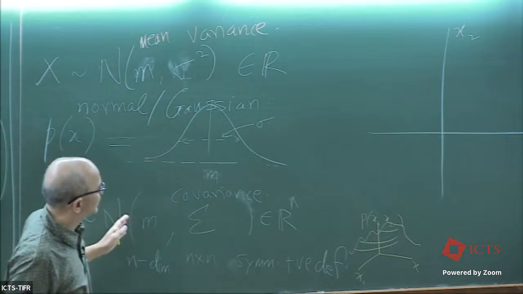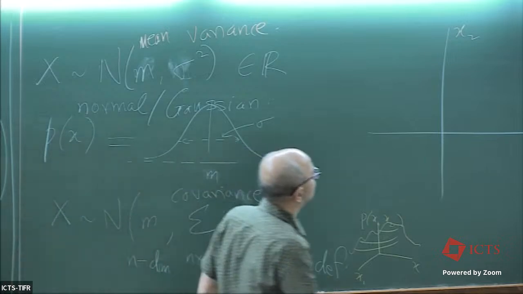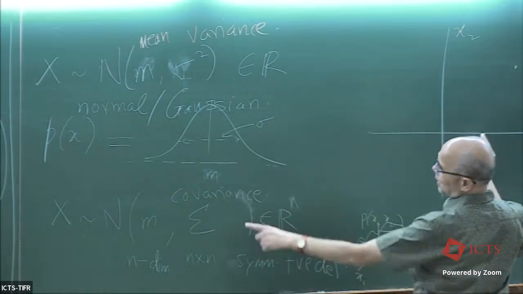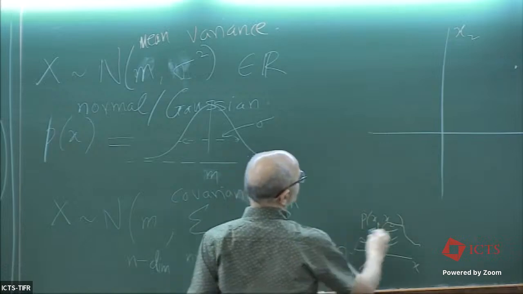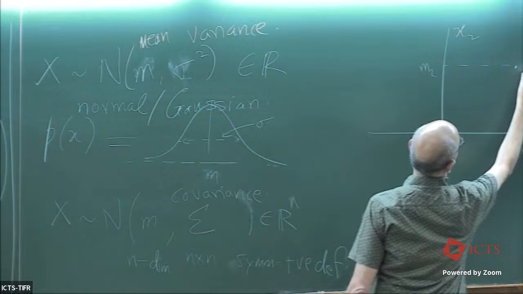And here is the result without proving it or anything. I'm just going to state the fact as follows: it will be peaked at the mean m. So m has two components, m1 and m2. So this is m1, m2.